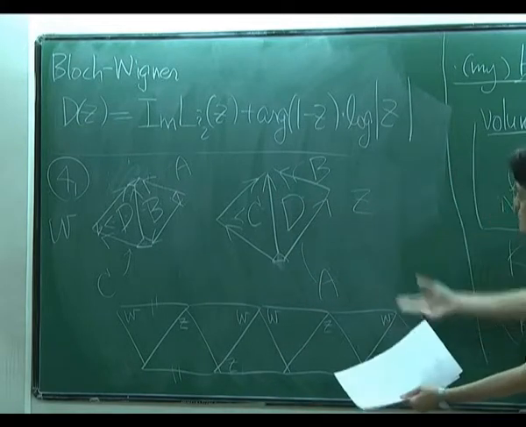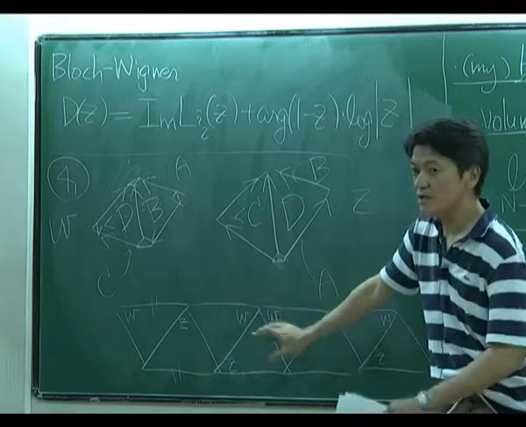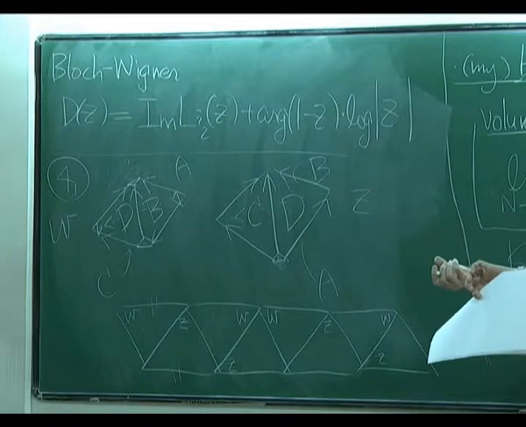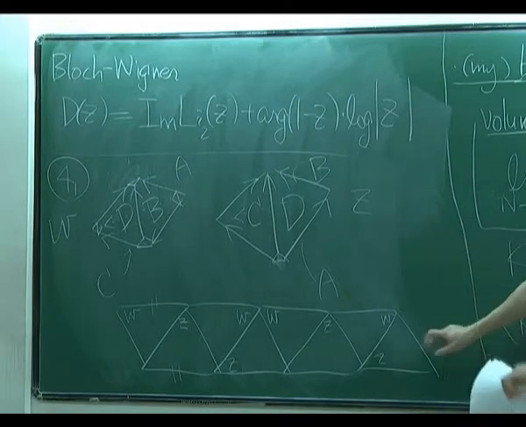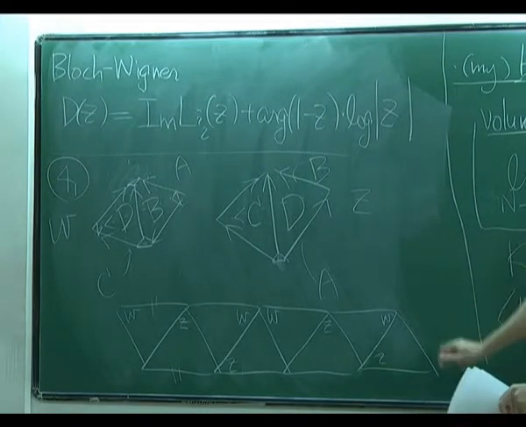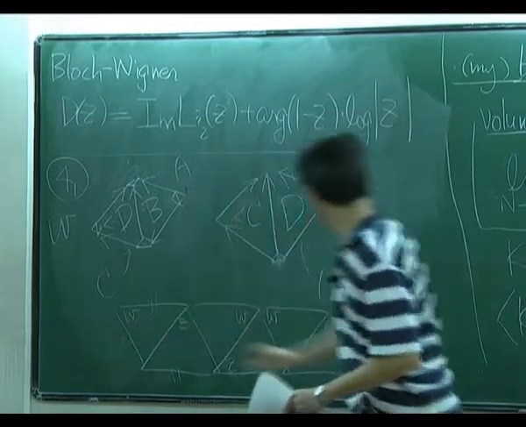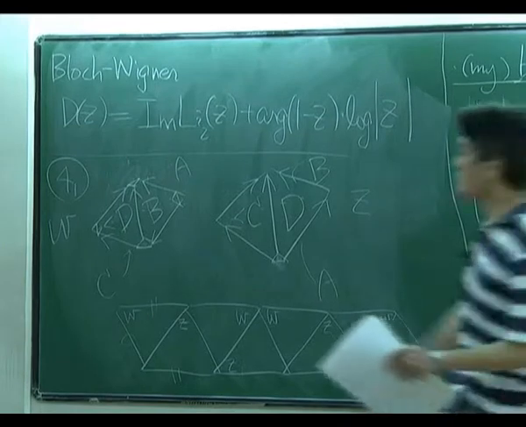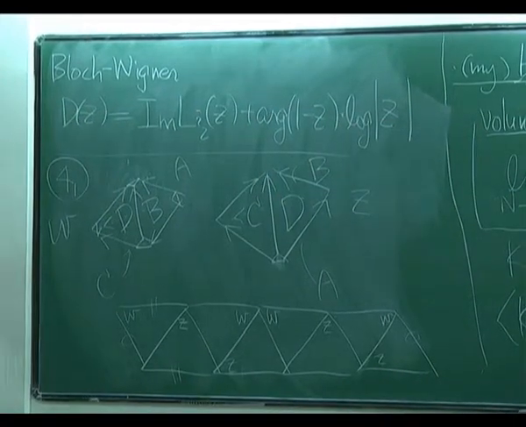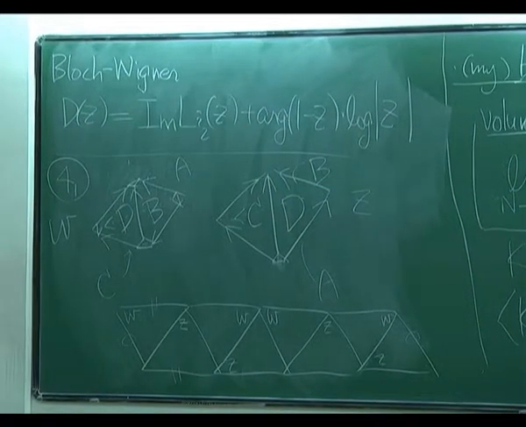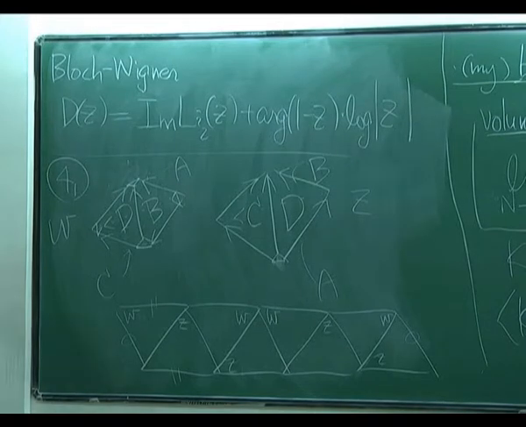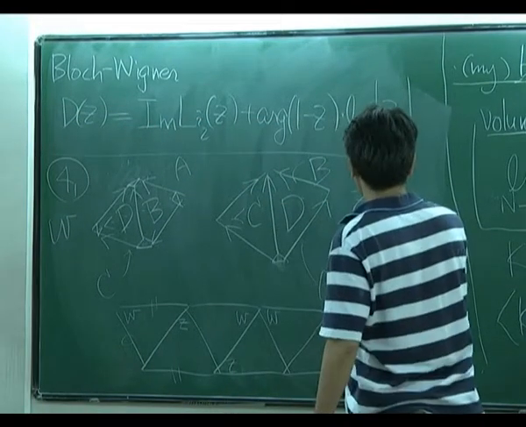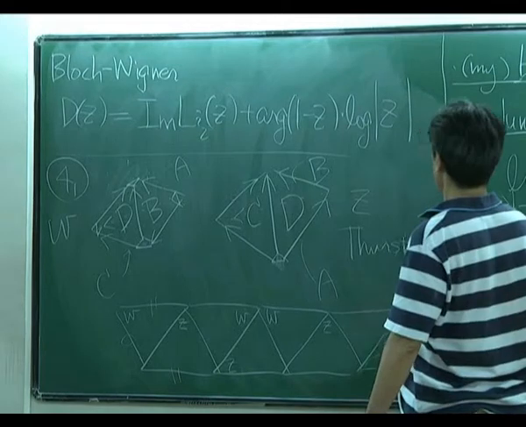This is a triangulation of the surface of the tubular neighborhood of the 4-1 knot. So this edge coincides with this one. Okay, this is the picture of the triangulation of the figure 8 knot. And this decomposition was first studied by Thurston.